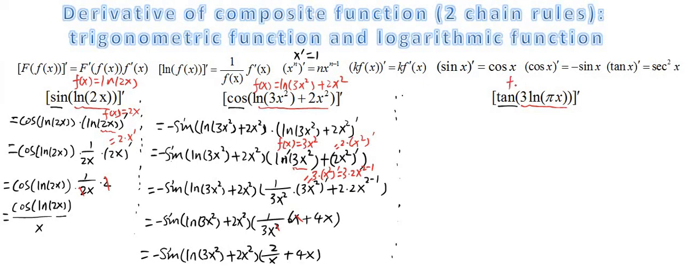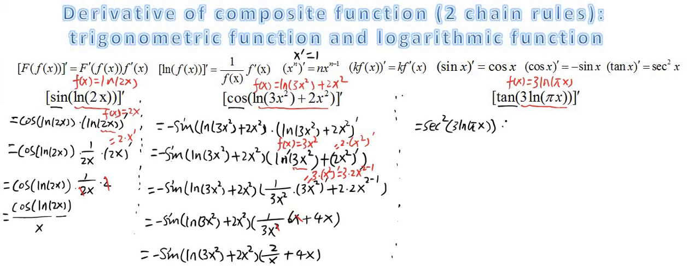So we have little f(x) equals 3 ln pi x. Now we can apply the chain rule. The derivative of capital F, that means the derivative of tangent, equals secant squared. And f(x), little f(x), is 3 ln pi x.